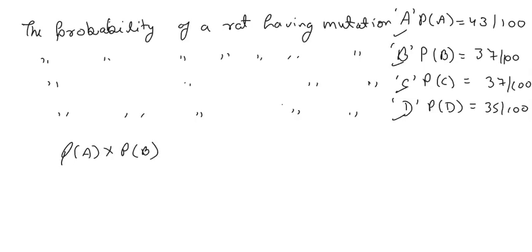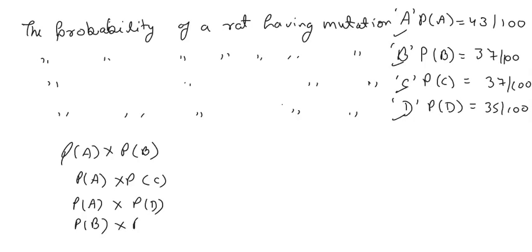Similarly, second, what will happen? Mutation A with mutation C. So simply we will multiply P of A into P of C, and mutation A with D, so probability of A with probability of D, and B with C, probability of B mutation, probability of C mutation.